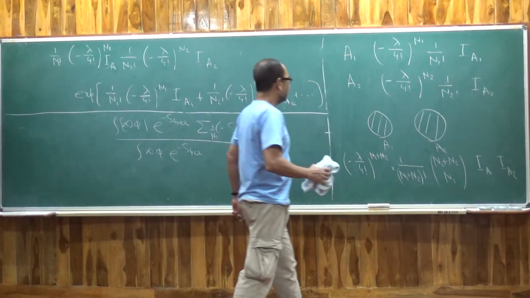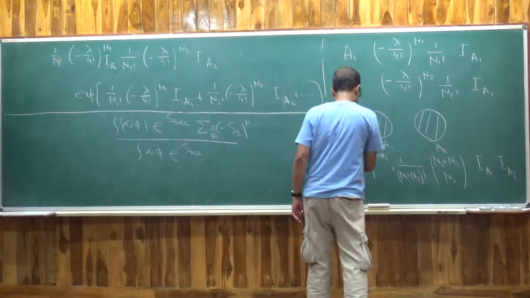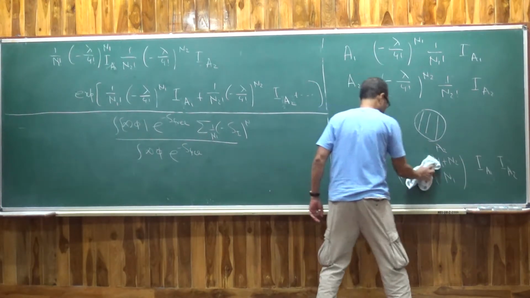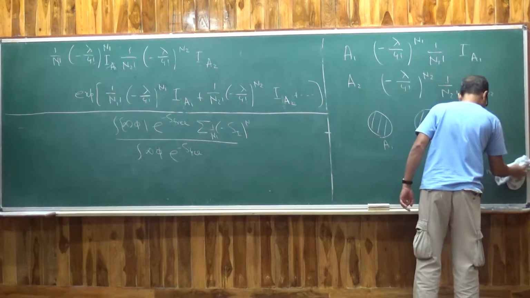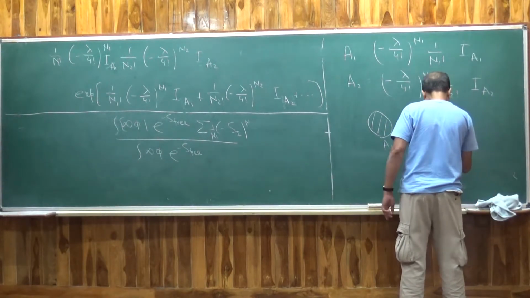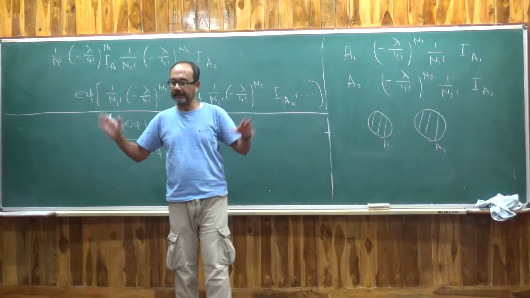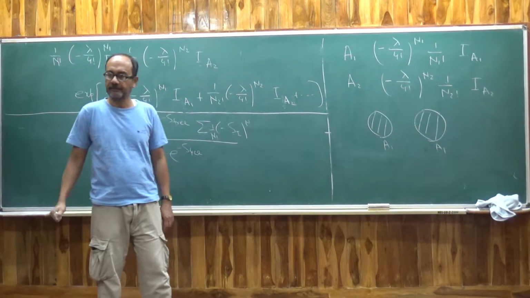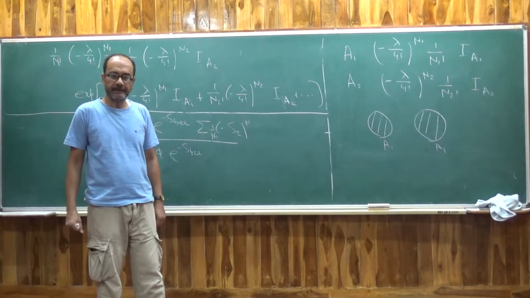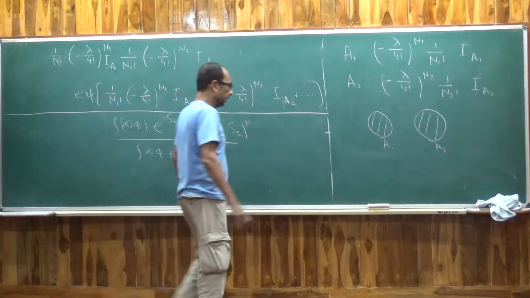Now, let's suppose I don't want to erase this. Let's say we have this situation: A1, two bubbles identical. So now let's see what the combinatorial factor is.